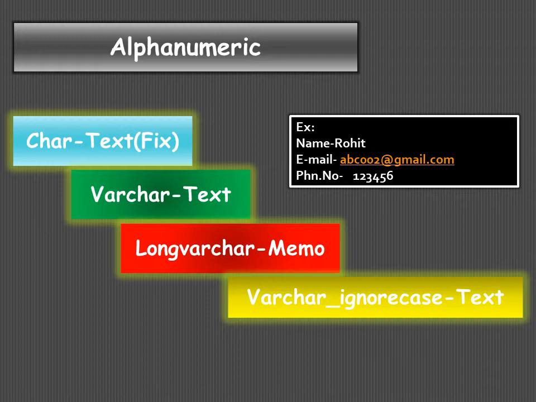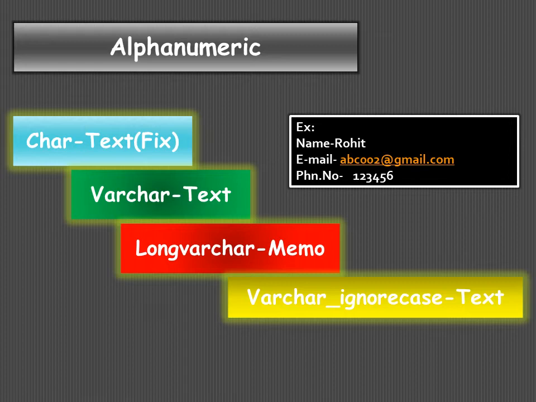So alphanumeric data types are used to store numeric, textual, or a combination of numeric and textual data. As an example, if I say name, Rohit, which is completely textual data, the alphanumeric data type can store this type of data also.